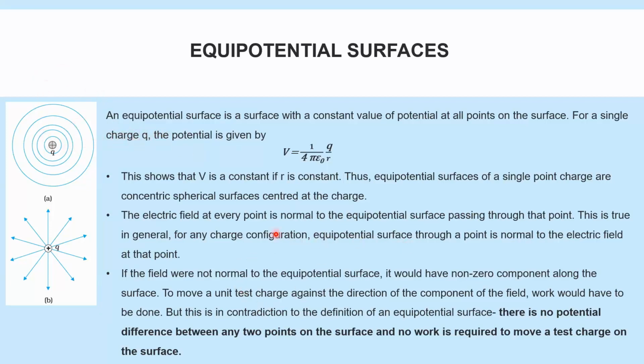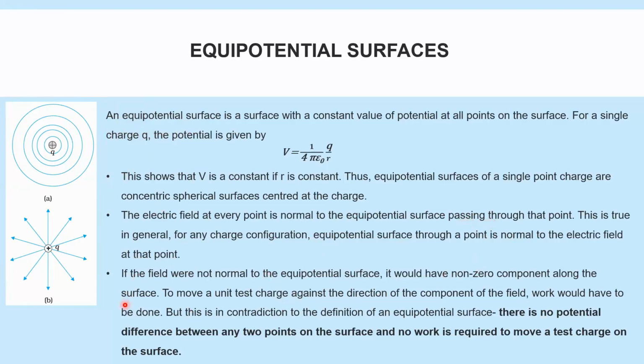This is true for any charge configuration: the equipotential surface through a point is normal to the electric field. This is simply understood owing to the definition of both electric field as well as equipotential surface.